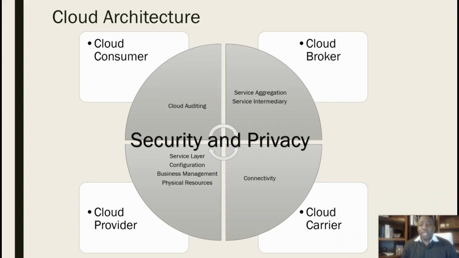So if you are the consumer and you're purchasing cloud, you are responsible for the auditing of it as well. The cloud provider, they're going to provide all of the business management, physical resources, the buildings, and depending again on your service level agreement, it's going to provide some of the things we talked about earlier in this video.